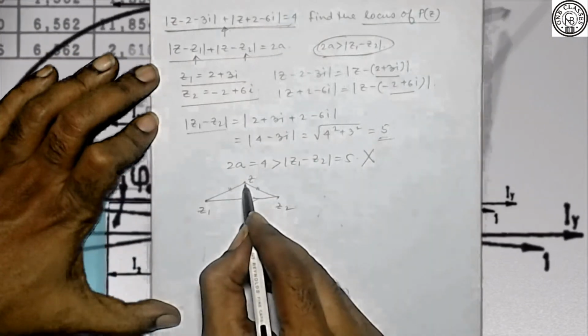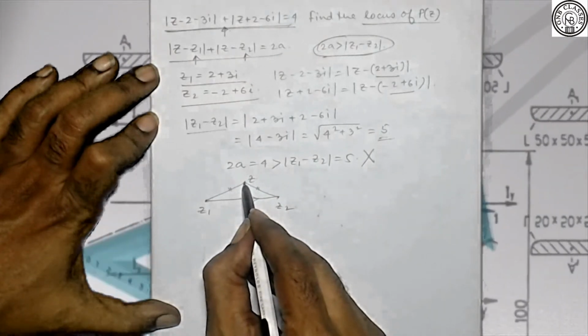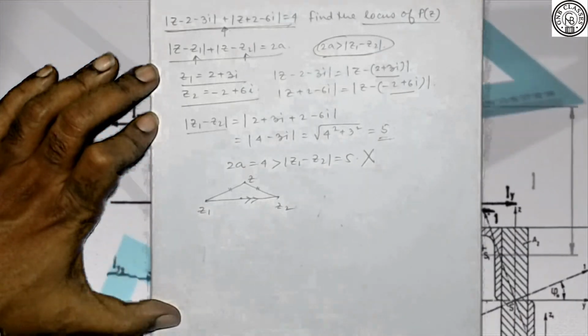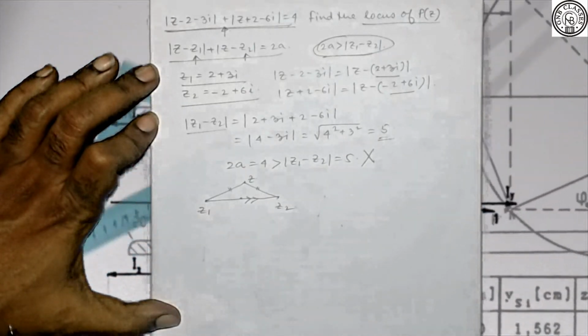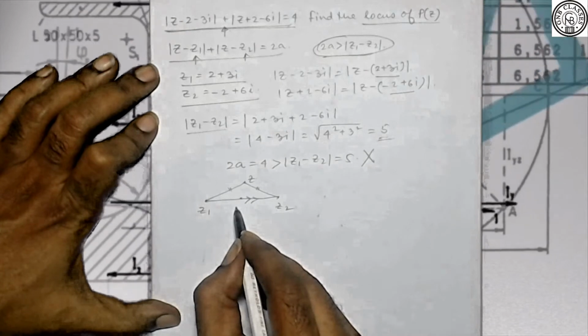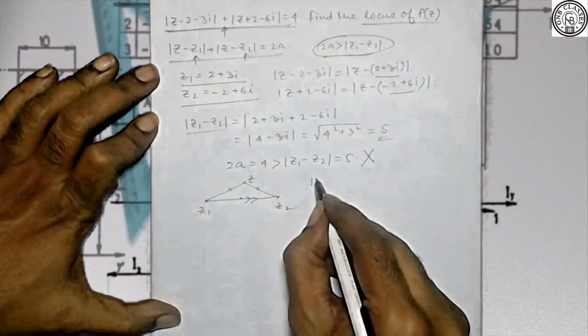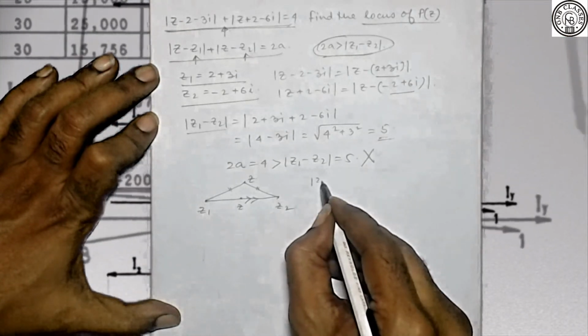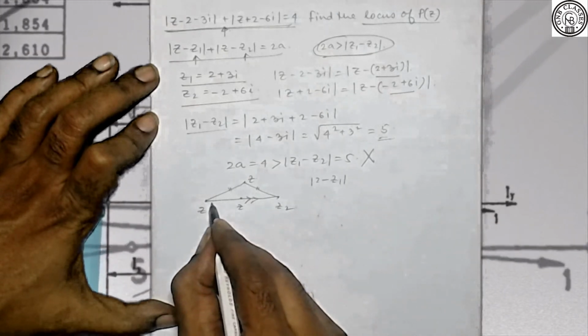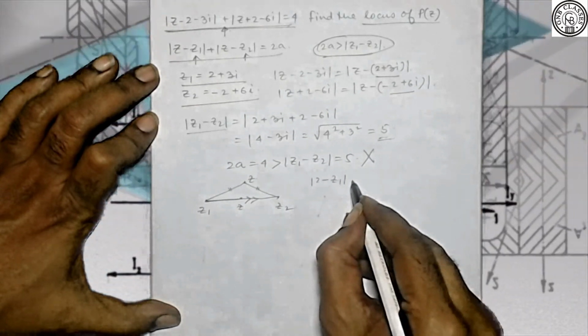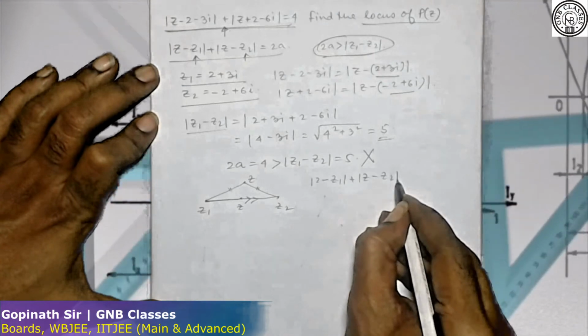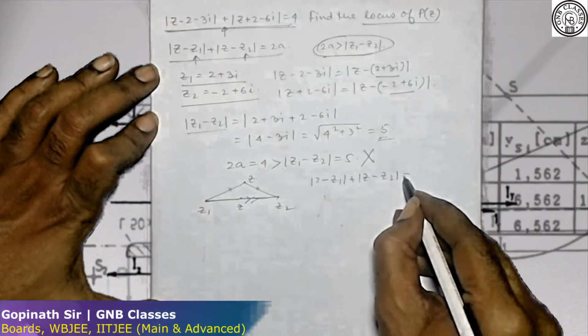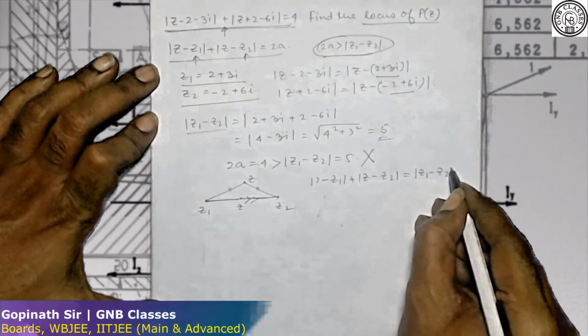Is it clear? So, the only option is that z can be on the line joining z1 and z2. But if it is so, then we must say that mod of z minus z1, that is this distance, plus mod of z minus z2, that is this distance, must equal mod of z1 minus z2.